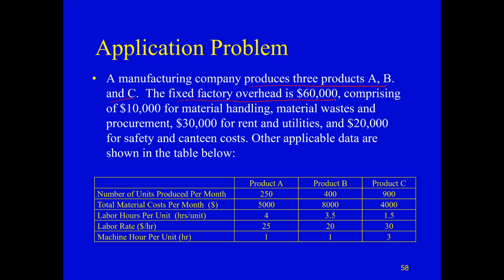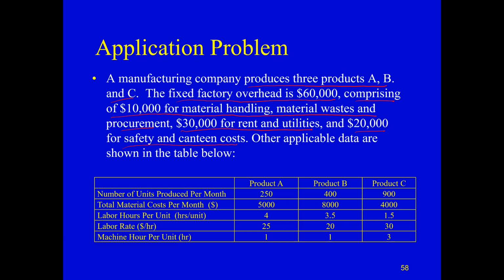So we have the overhead charge of $60,000, comprising, let's say, 3 activities: $10,000 for material handling, material waste, and procurement, $30,000 for rent and utilities, and $20,000 for safety and canteen costs. And other applicable data are shown in the table below.